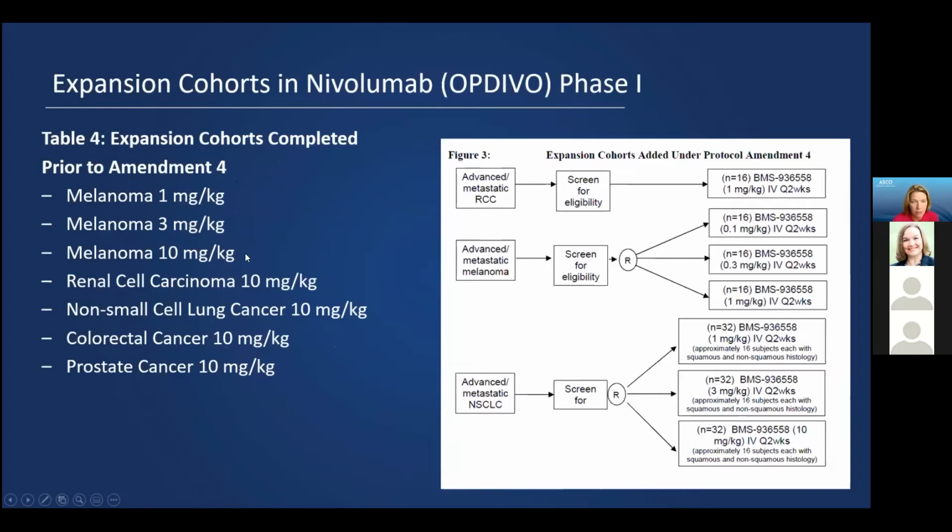Again, you can see the range of doses considered. After the 1, 3, and 10 mg per kg, protocol amendment 4 is looking at 0.1, 0.3, and 1, and 3, of course, as well, and 10.